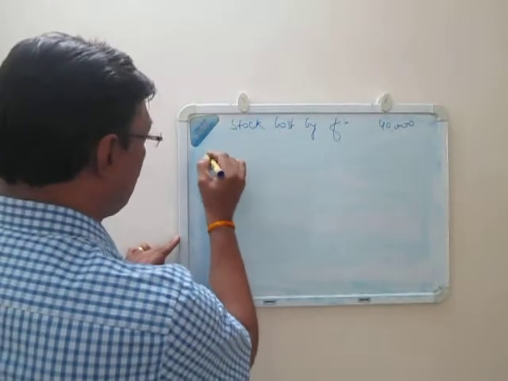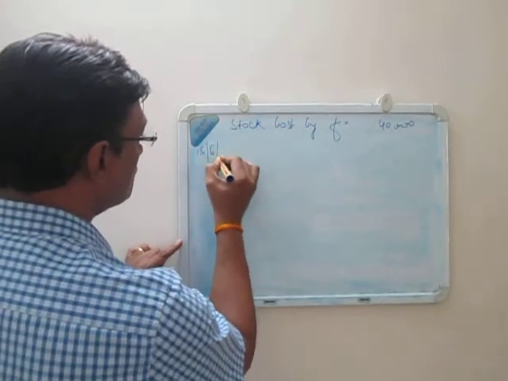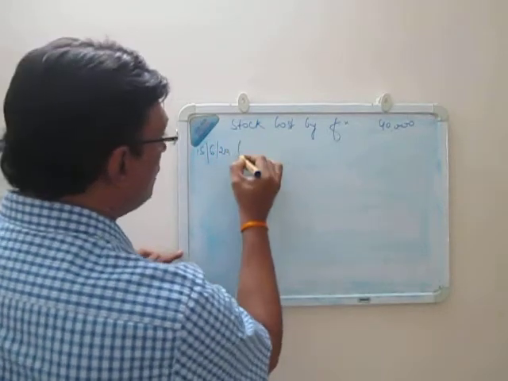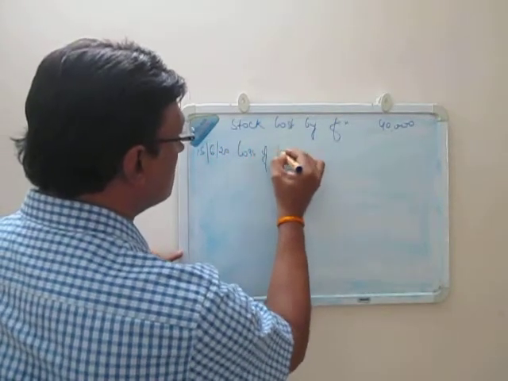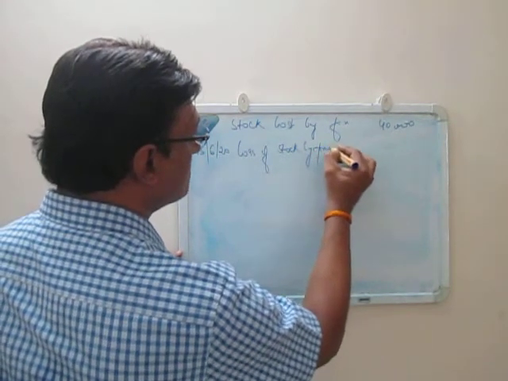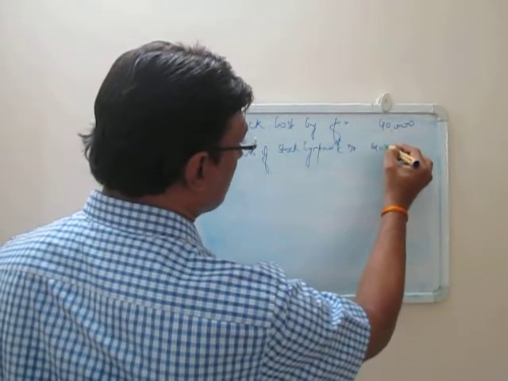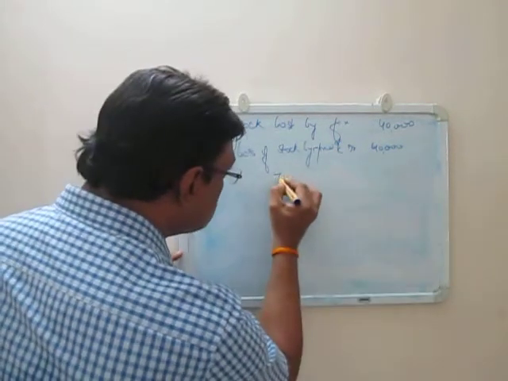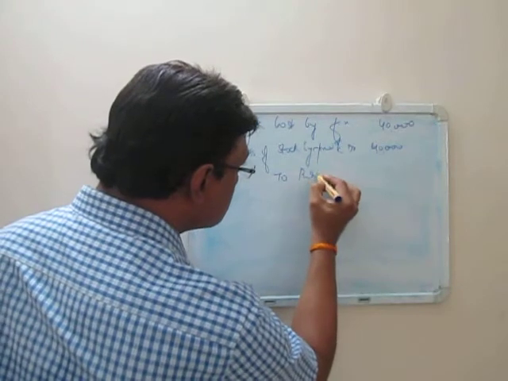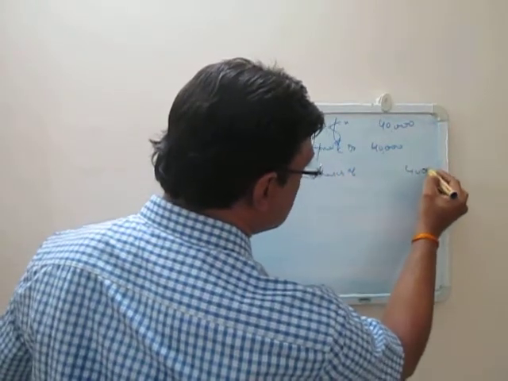So the entry would be, let us say this happens on 15th of June 2020. Loss of stock by fire account, debtor 40,000 to purchases account 40,000.